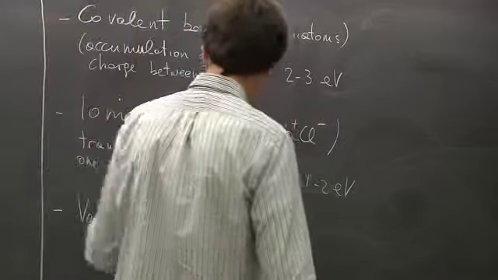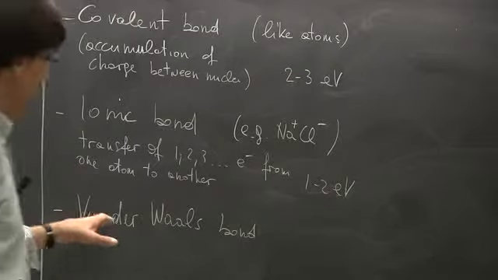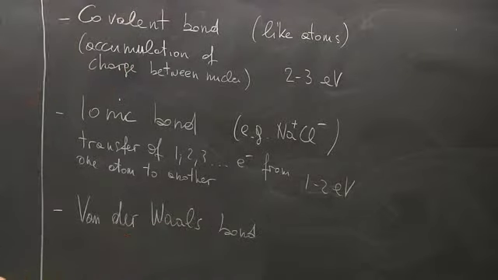And this is typically the bond that results when you have neutral atoms very far apart, in which this charge reorganization cannot take place because they are very far from one another, far on the atomic scale, or between atoms that are extremely inert, like noble gases.